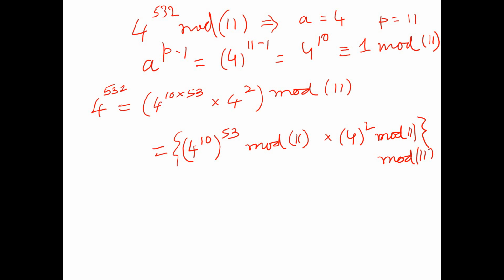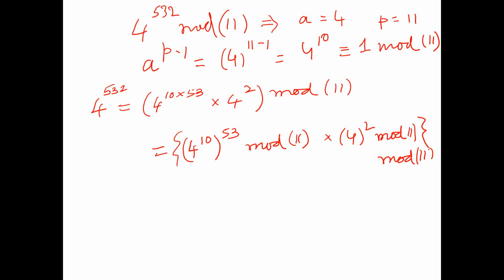Now this part, if you leave out this power 53, what does it mean? 53 times it will be multiplied. So basically this is 4 to the power 10 mod 11 repeated 53 times. Now 4 to the power 10 mod 11, from Fermat's theorem, the resultant is 1. So basically this whole thing is 1 to the power 53 as it is. Right? So this part we don't need to compute at all.